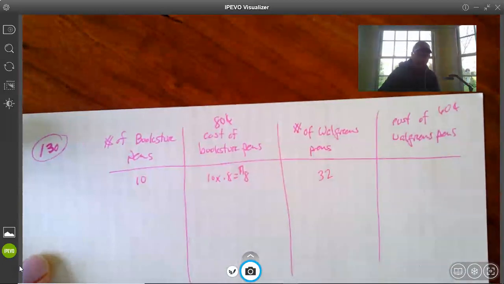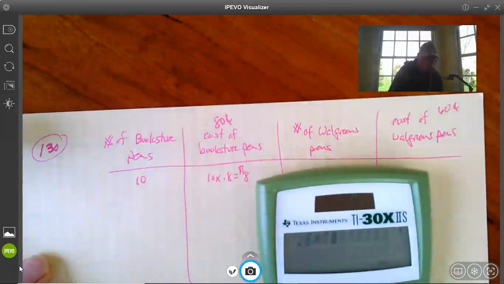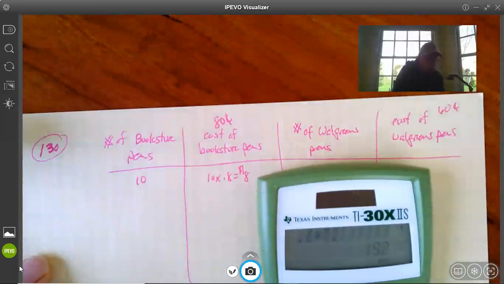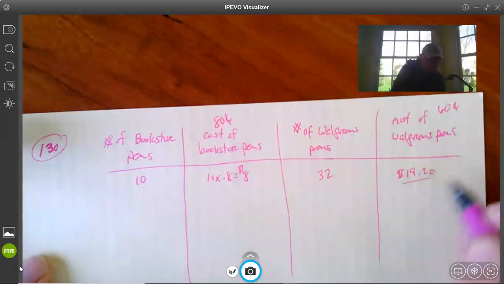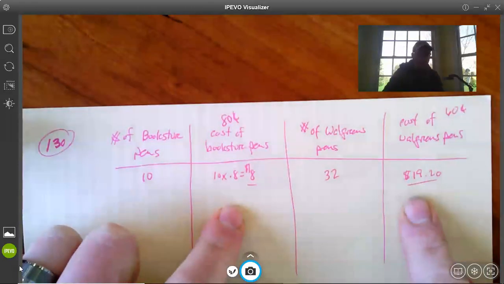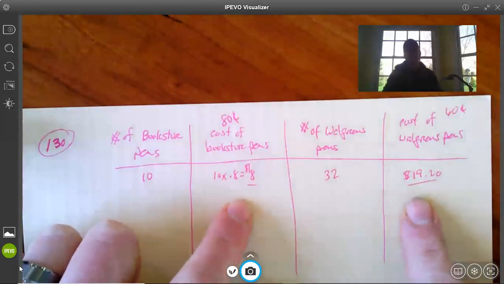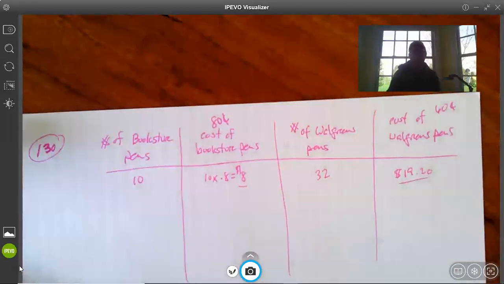That's not something I'm doing in my head. 0.6 times 32 gives us $19.20. And we were told that she spent the same amount of money at the bookstore that she did at Walgreens. But here, these are clearly not the same amount of money. It's $8 versus $19.20. So 10 pens at the bookstore is not correct.